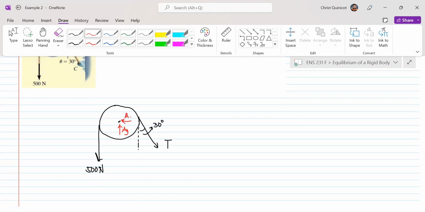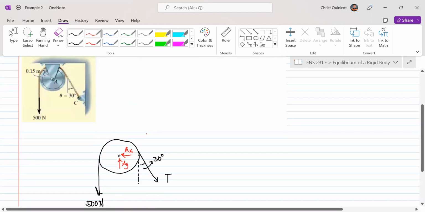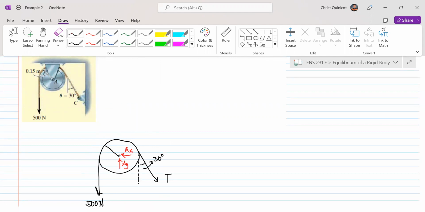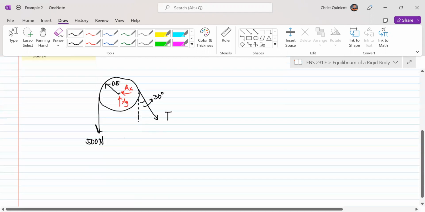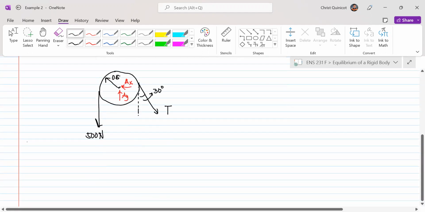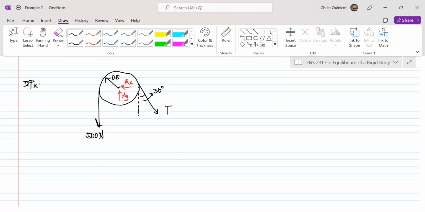This constitutes equilibrium, and our radius is 0.15 meters. Now, if we do summation, again we have our three equations of equilibrium: summation of forces x is 0, forces y is 0, and summation of moments at a certain point is 0.